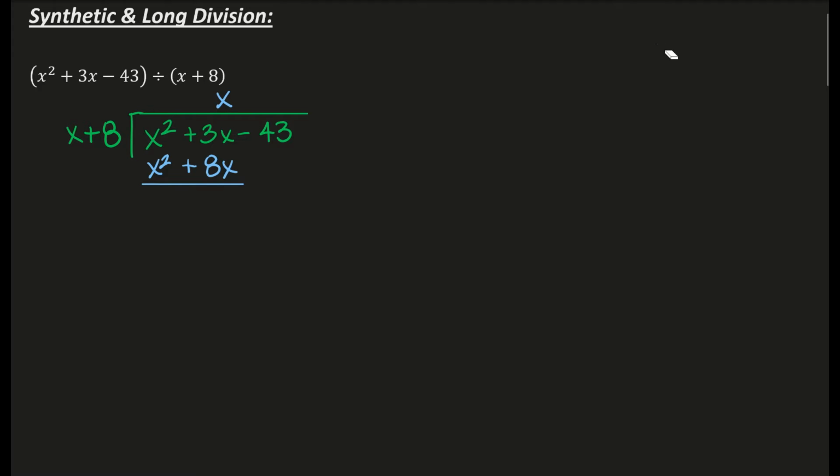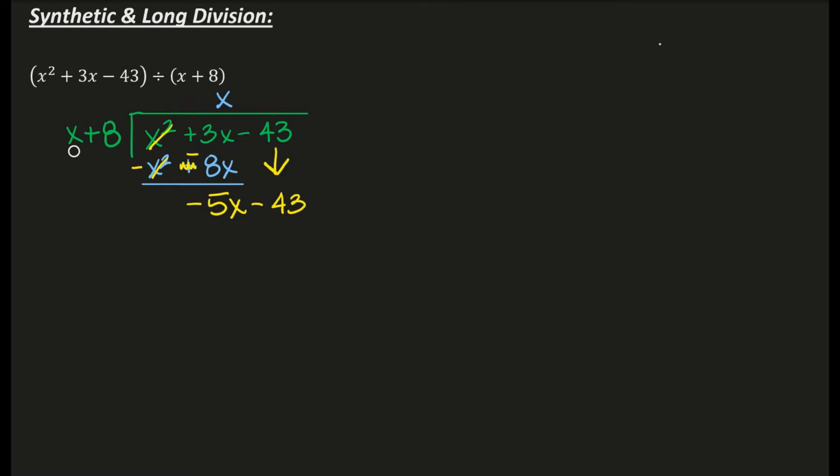So here we'll erase this, and I'll now say, all right, this is going to be a negative x squared and a negative 8x. So these two signs should cancel. x squared minus x squared, that is 0. 3x minus 8x gives me negative 5x. And then just like with old school division, this number would come down and then you would do this all over again.